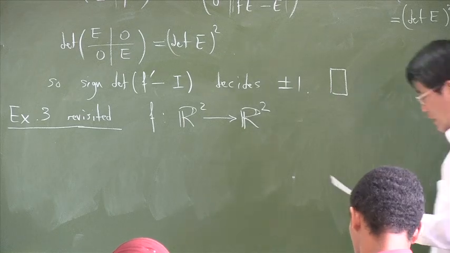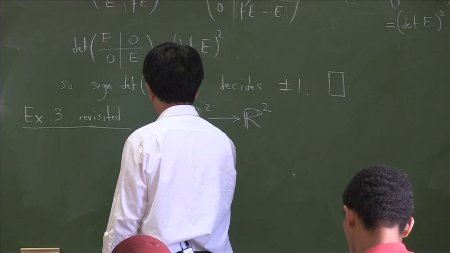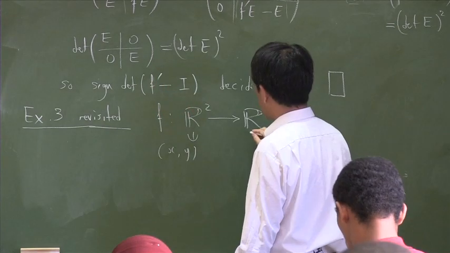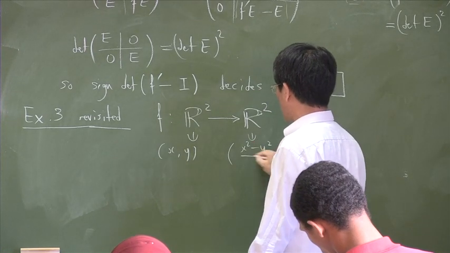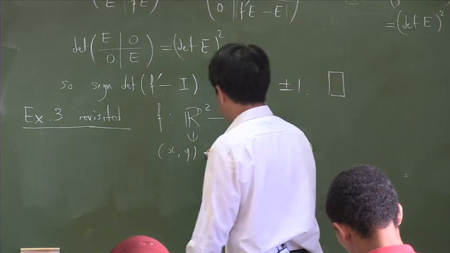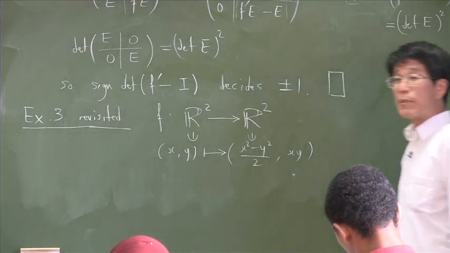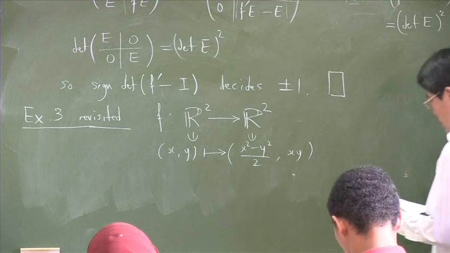It's an interesting example. Well, it maps the point xy to the point, as you recall, x squared minus y squared over 2 and xy. Those were the real and imaginary parts of half of z squared in disguise, as you saw.